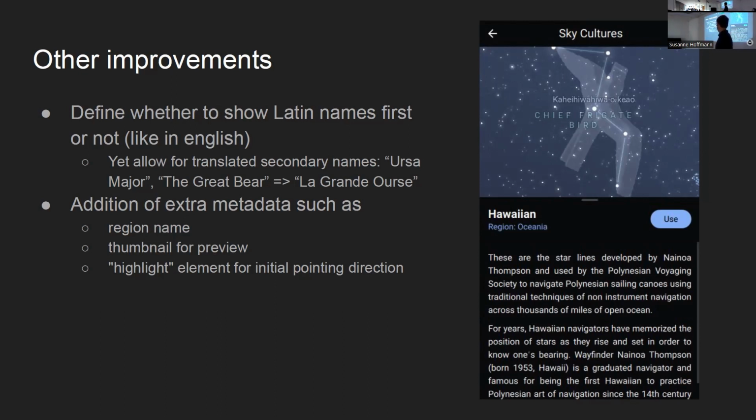So now we are able to store both names: the real native name, which is Latin in English, and also the common name, which is the Great Bear, used as a base for translation for some languages. But not all languages want to use a translation, so it has to be defined as metadata. In English, I think in Portuguese and maybe Spanish, the Latin names are used, and in other languages, usually not.